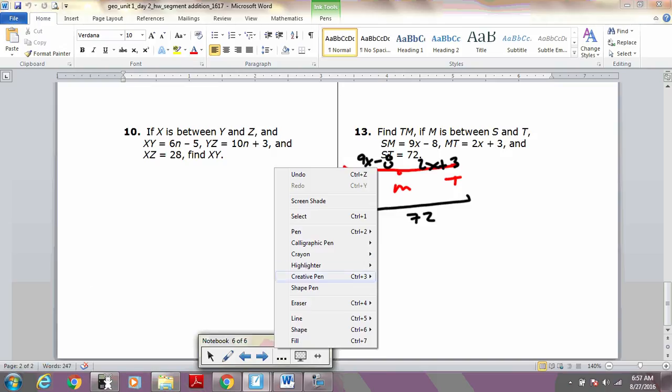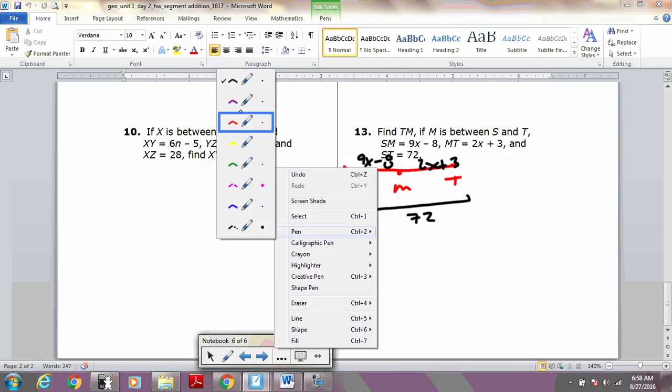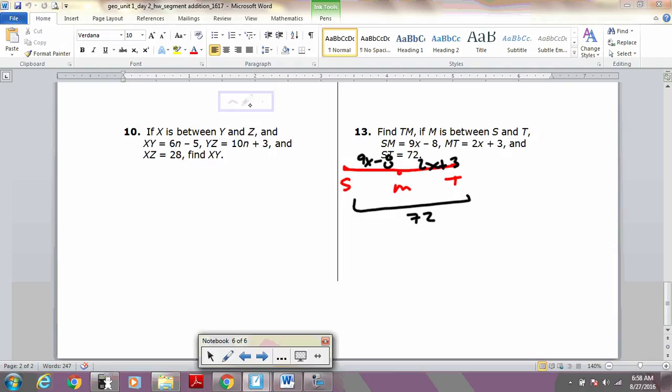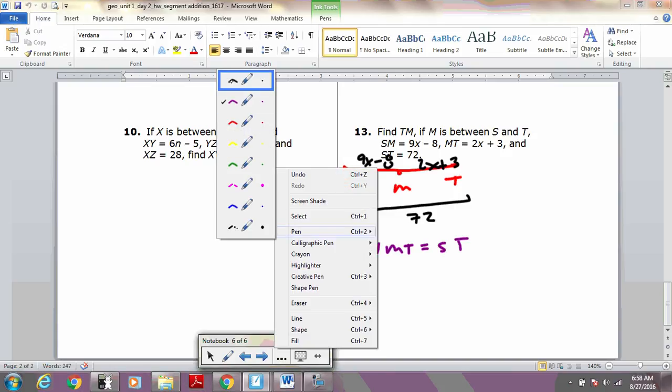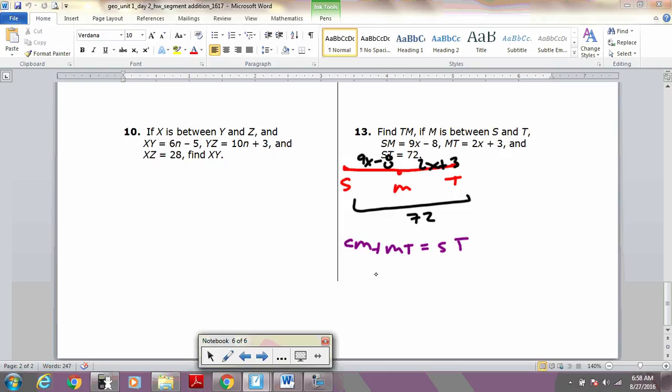So let's write the equation in symbol segment notation. It would be SM plus MT equals ST. So substitute the algebra expressions, and you would have 9x minus 8 plus 2x plus 3 equals 72.